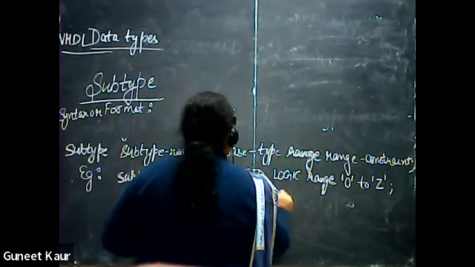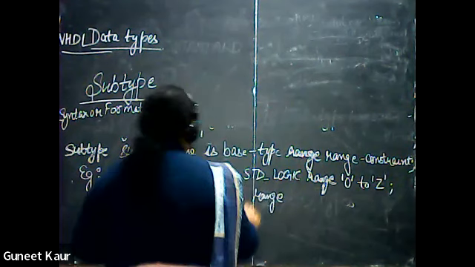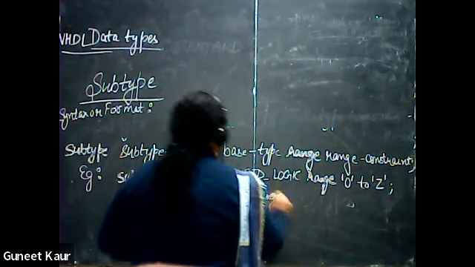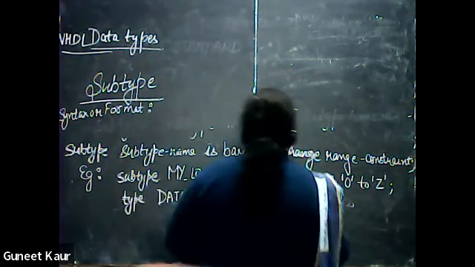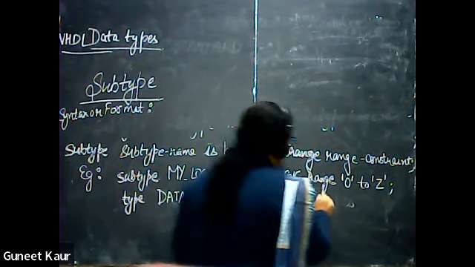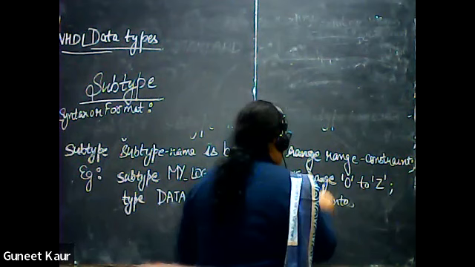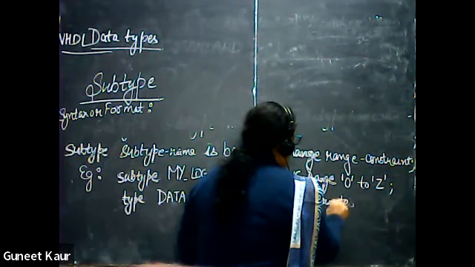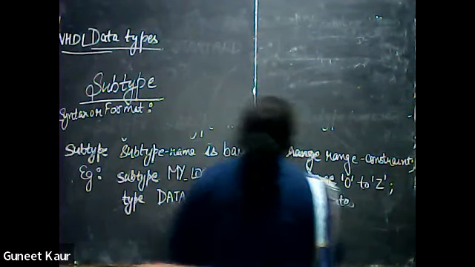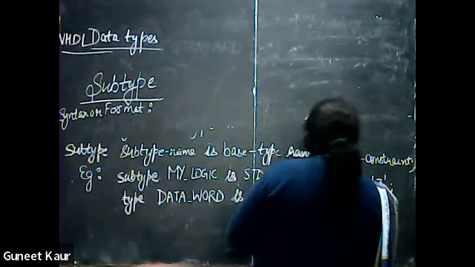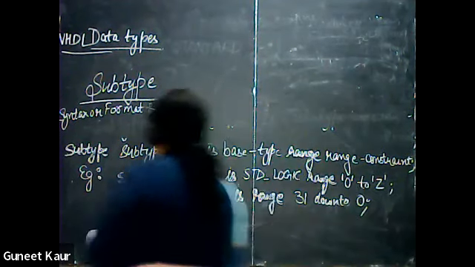Range should be highlighted or bold. Then 31 downto, this is also bold. This is the keyword, downto 0 semicolon.